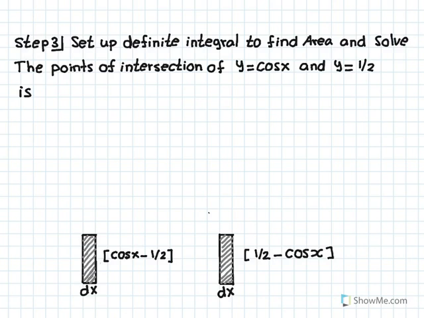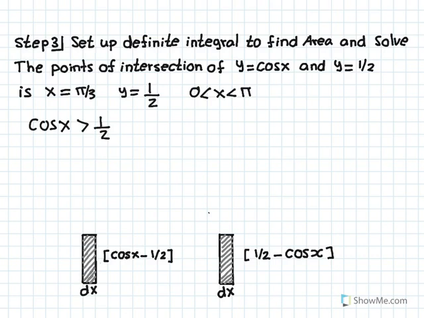So we want to set up a definite integral to find the area and solve. The point of intersection was found to be x equals pi over 3, y equals 1/2, on the interval x between 0 and pi. You will notice that the y value corresponding to cosine x is bigger than 1/2 when x is between 0 and pi over 3.